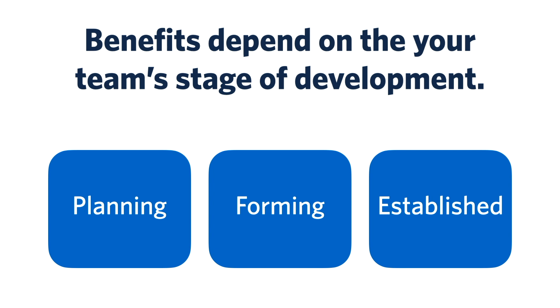Let's just look at that as opposed to how we want to work together more generally. So an established team might look at exploring and prototyping a new piece of the practice versus looking at the whole practice. So you can use it in planning, trying to understand who should be part of the team; forming, how does the team want to work more generally; and then when you're more established, thinking about particular specific questions.